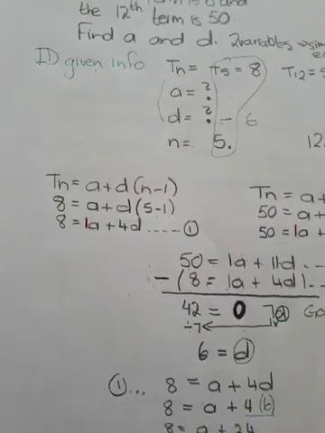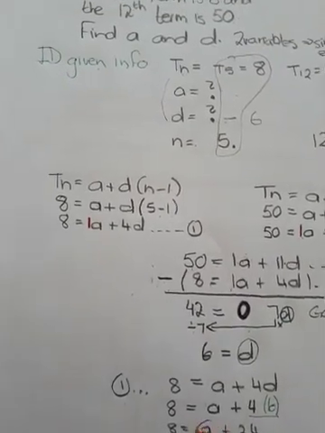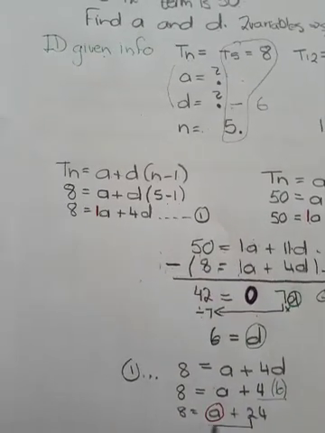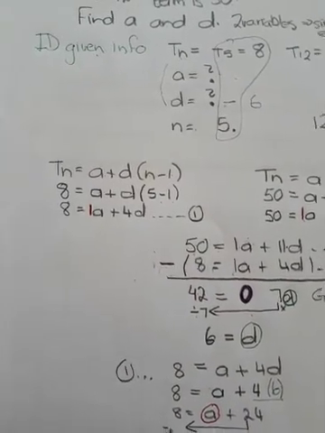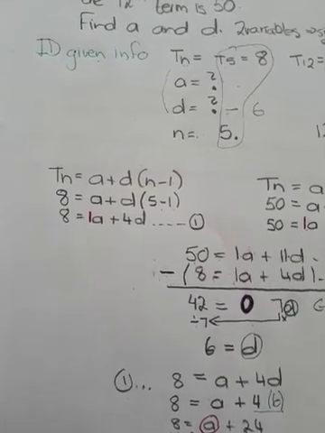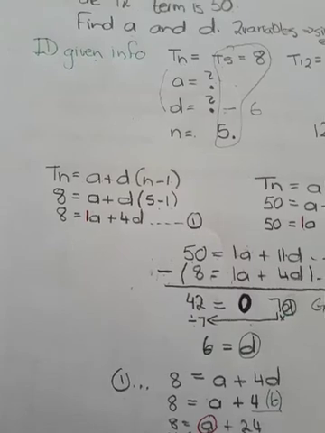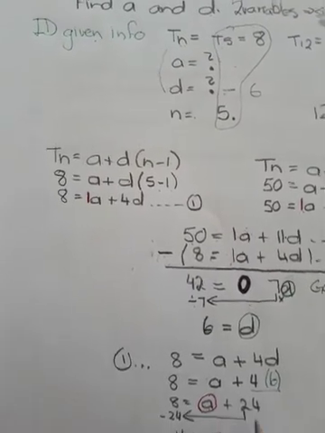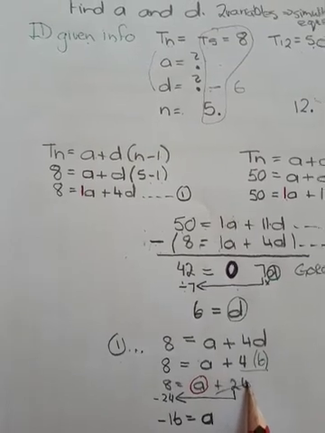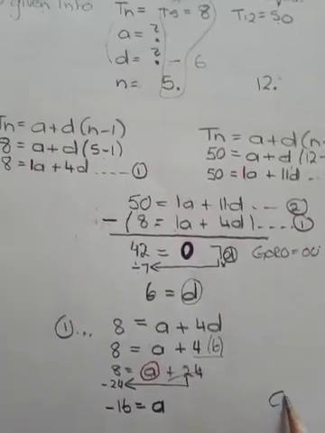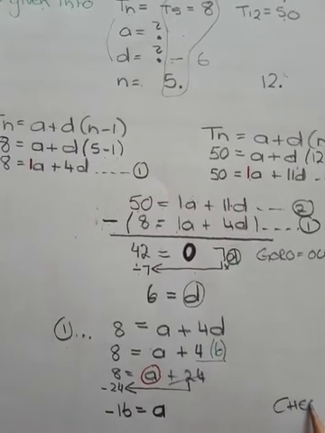Now we want to find A, right? Let's take over the 24, which becomes negative on this side. That gives me an answer of negative 16 equals A. Okay, and lastly, people, remember that you can do your check.